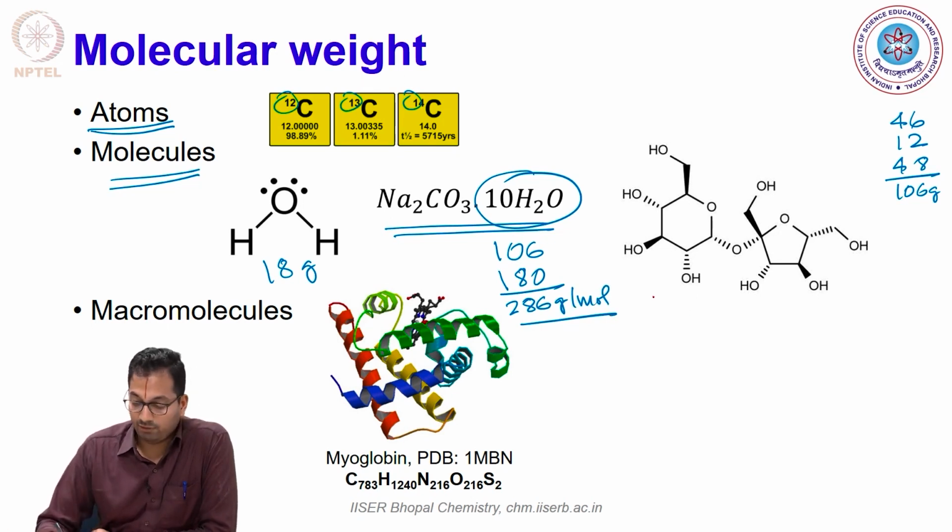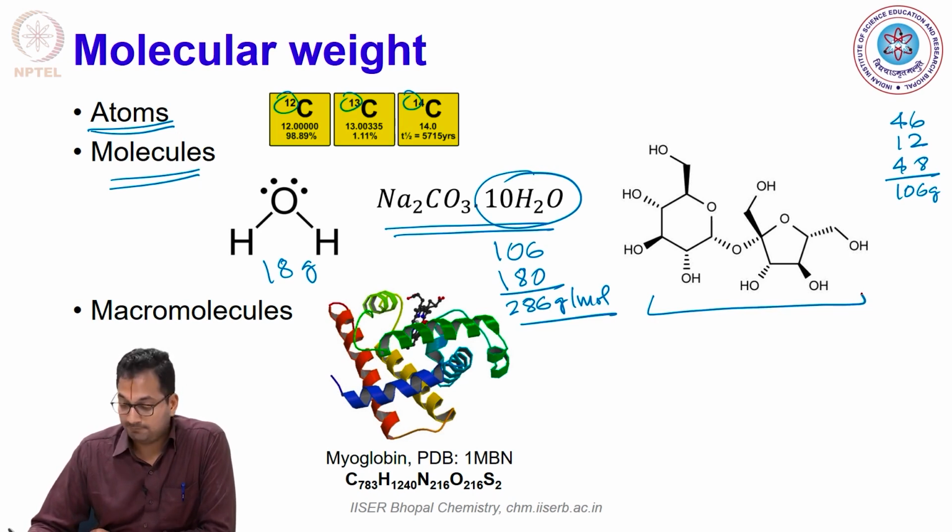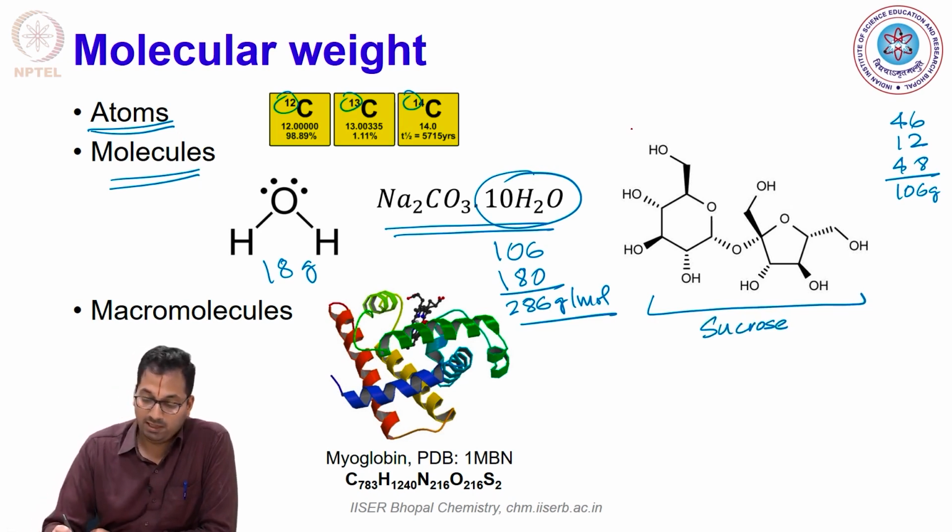On the other hand, if you go to larger molecules, as you see here, this is a molecule of sucrose. Sucrose is made by the combination of glucose and fructose, and as you would all know, glucose and fructose are isomers of each other, meaning that they have the same molecular weight.